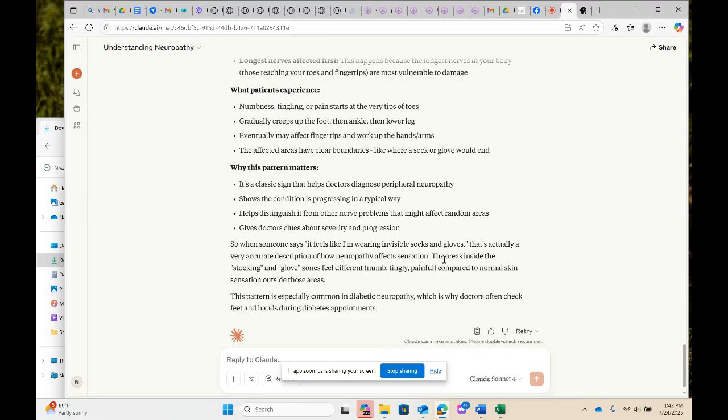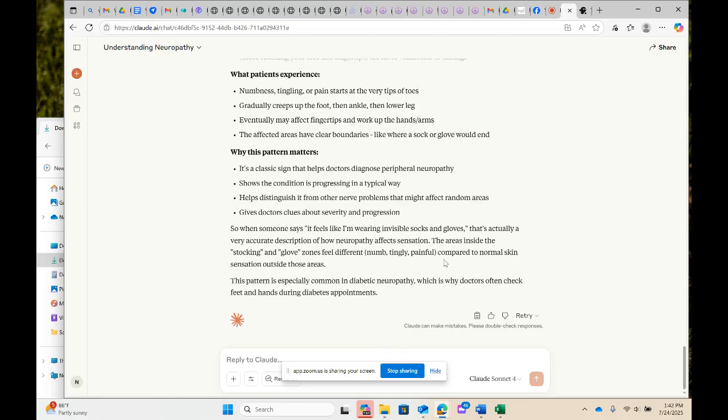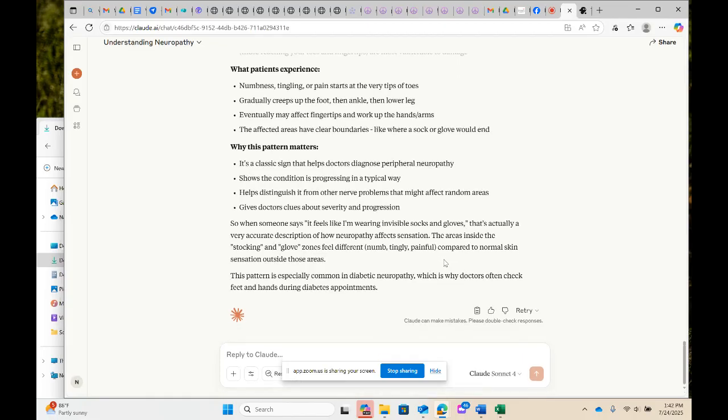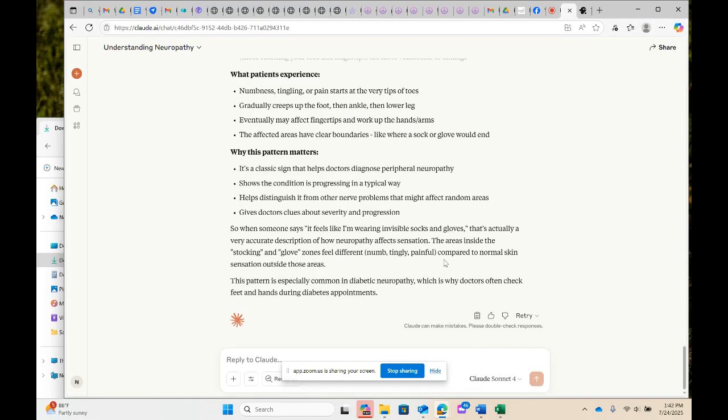Why this pattern matters: it's a classic sign that helps doctors diagnose peripheral neuropathy, shows the condition is progressing in a typical way, helps distinguish it from other nerve problems that might affect random areas, and gives doctors clues about severity and progression. When someone says, it feels like I'm wearing invisible socks and gloves, that's actually a very accurate description of how neuropathy affects sensation.